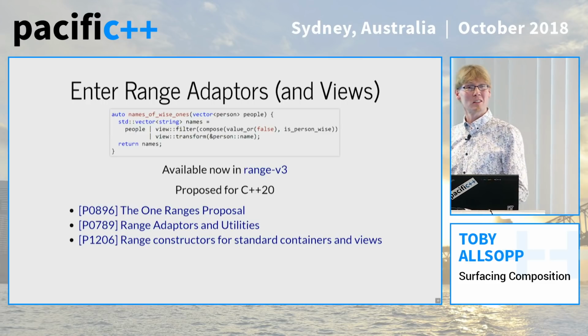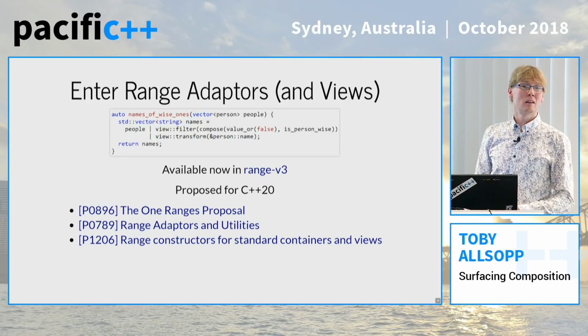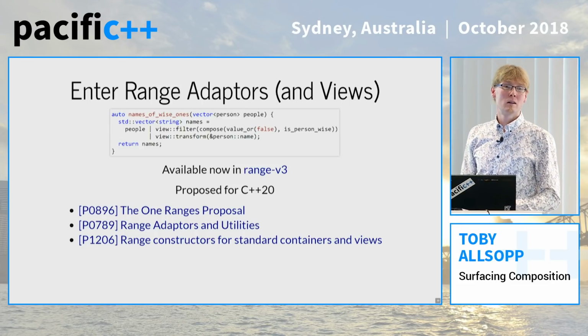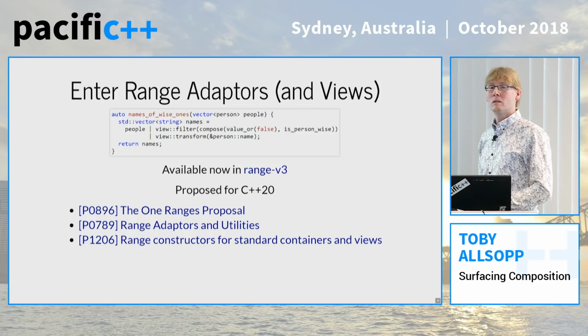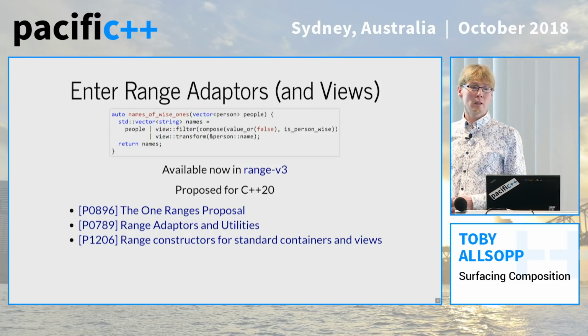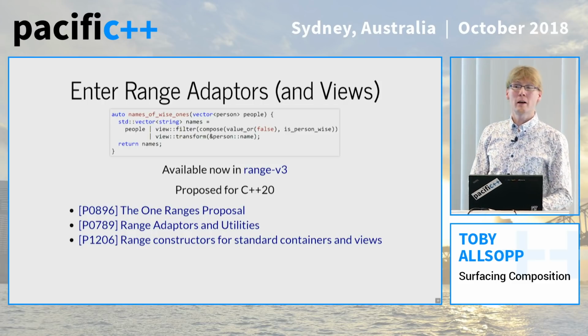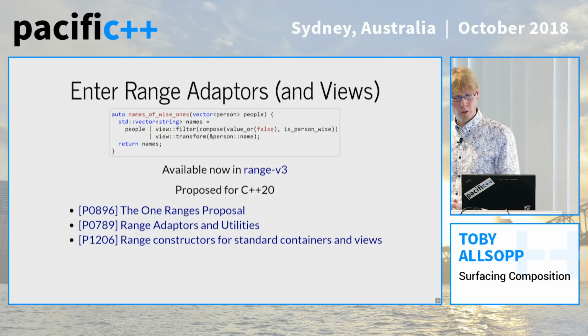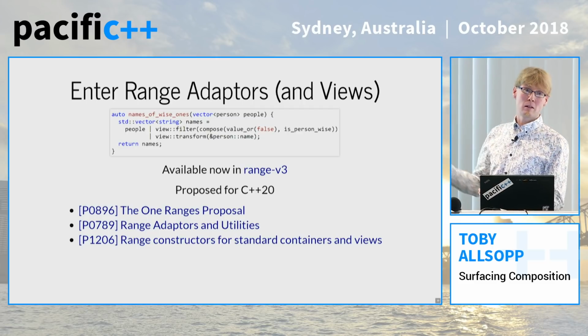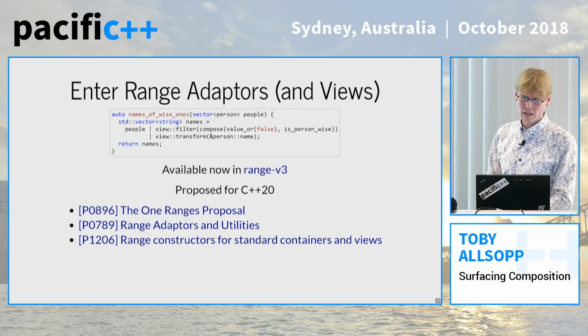Do you use the boost range library, and do you have any comments on what's been improved? So the question is about the boost range library and how that differs from what's in range v3 and what's been proposed.